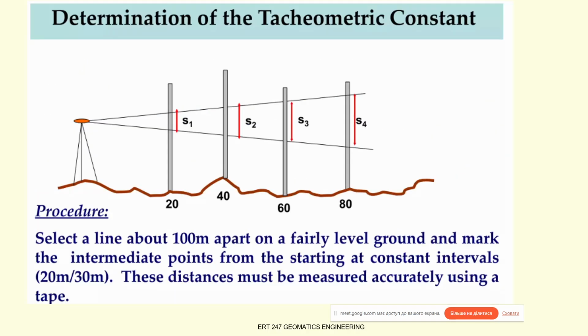The procedure of distance measuring is as follows. To understand whether the tachyometric constant is really equal to 100, we should check this constant.